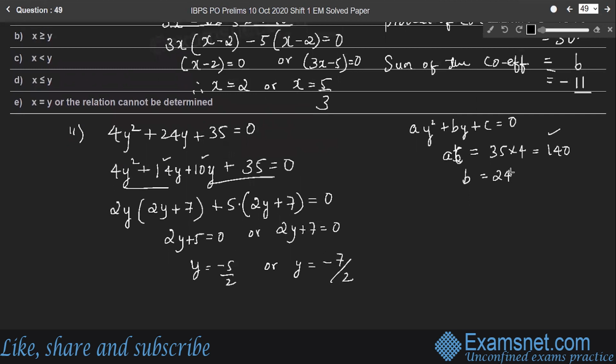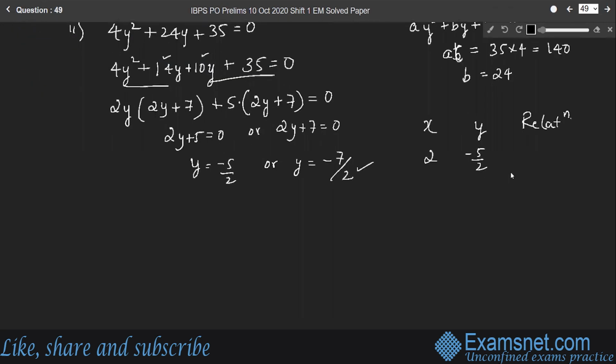Right? Now, relate x and y values. If the value of x is 2, y is minus 5 by 2. Since the value of y is negative, x is greater than y.